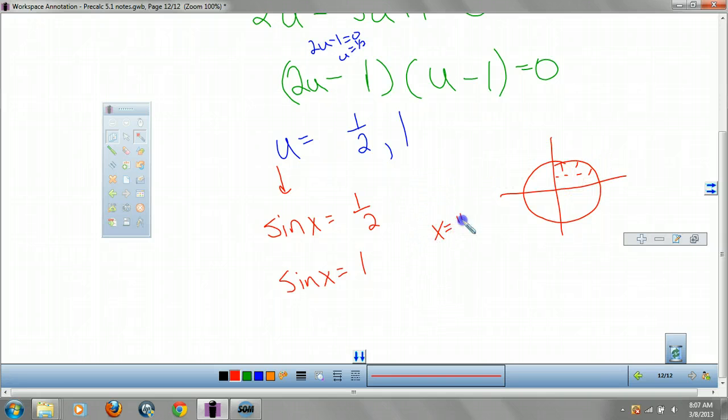So x equals pi over 6. And where's sine equal to 1? Pi over 2. We'll just get the first solutions because we didn't specify. But that will do it, guys. I hope you enjoyed. I know you'll have lots of questions, but that's good. Have a good day.